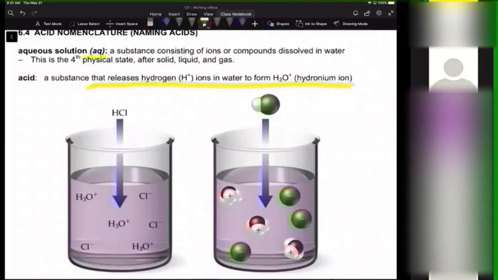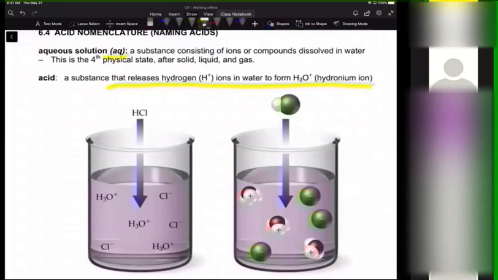Acids are always aqueous. Even if they come as a gas or a solid, they grab water from the air. They try to dilute themselves. So all acids are aqueous. When a strong acid, this one is a strong acid, and when I use it that way, the word strong is a technical term. And so HCl is a strong acid.